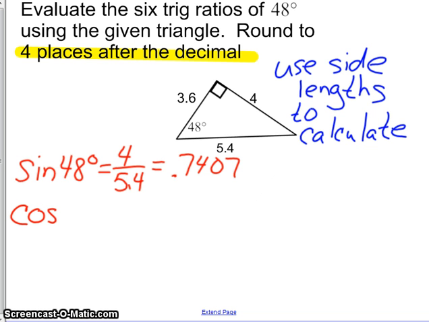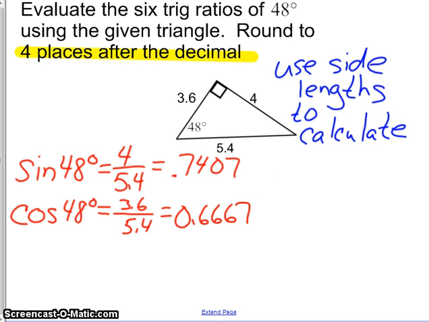Cosine of 48 is 3.6, that's the adjacent side, over 5.4, which is 0.6667.